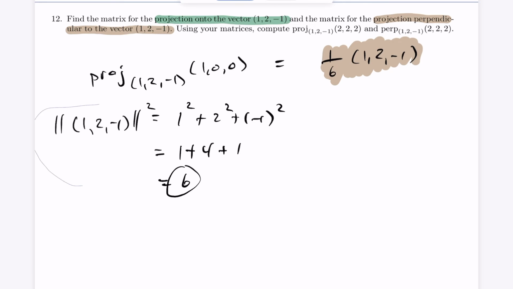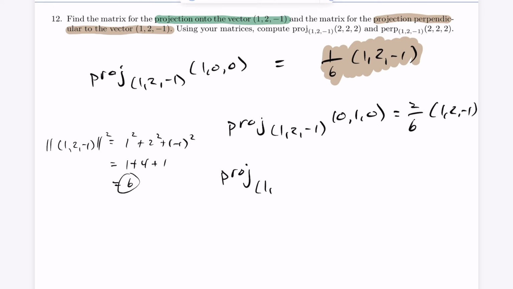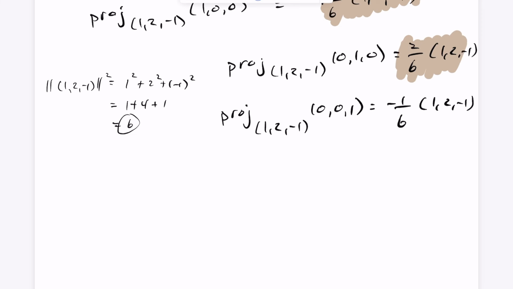Then let's make some room here. Then I'm going to take the projection of 0, 1, 0. That's going to give me 2 over 6 times 1, 2, -1. And then the projection of 0, 0, 1 is negative 1 over 6 times 1, 2, -1.